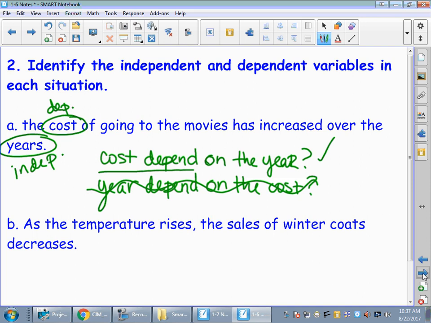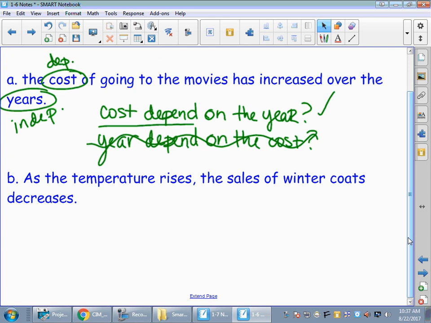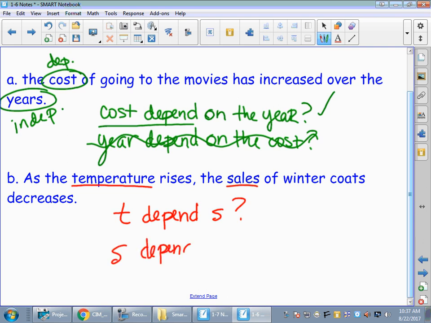If you look at part B, same thing. As the temperature rises, the sales of winter coats decreases. We are comparing temperature with sales. So we write a depend statement. Could temperature depend on sales? Could sales depend on temperature?